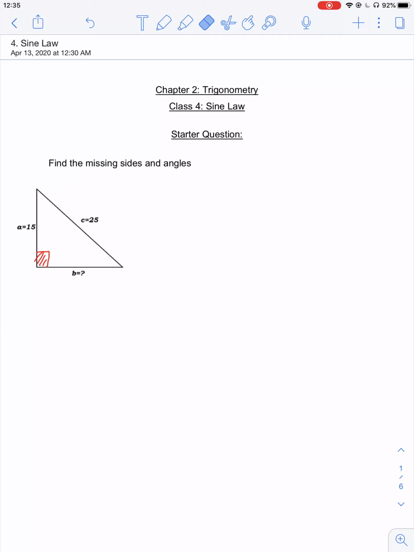So let's start off with some review questions from grade 10. I added the right angle in there because that's a crucial piece of information. And I'm asking to find the side b, okay? So, when we have a right triangle, two things should automatically come to mind.